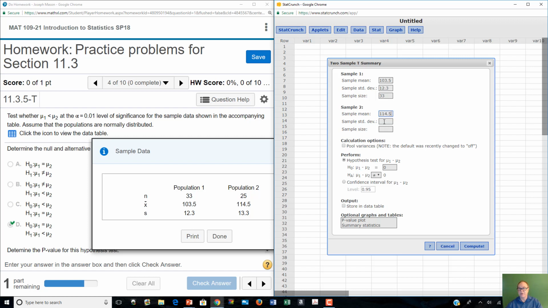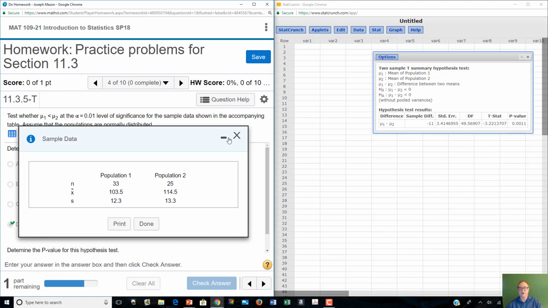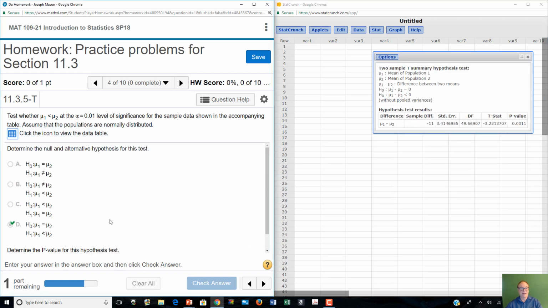Standard deviation was 13.3. And the size of the second sample was 25. We're going to do a hypothesis test, and we're trying to do what? Less than, so I want to choose less than. Compute. And I can close this now because I already have the data.